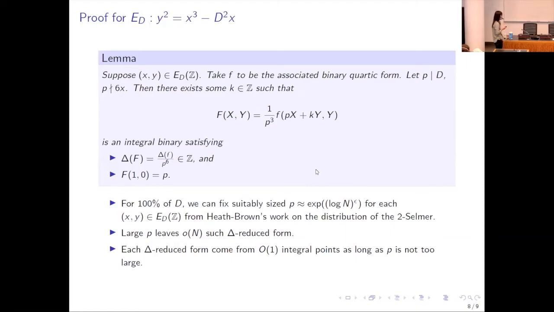The reason is that the GCD of x and D is controlled by exactly the image of the point in the two-Selmer group.